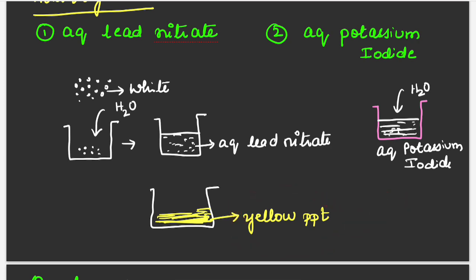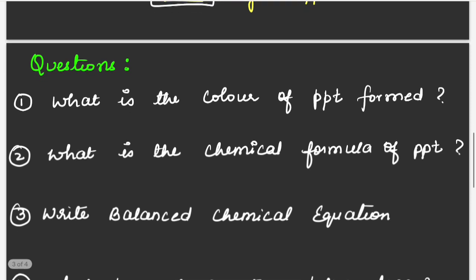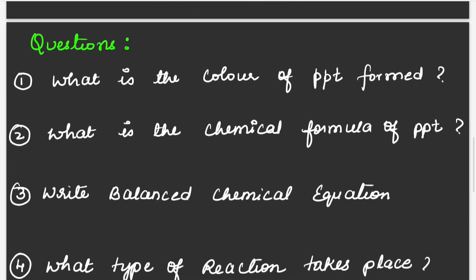Now, what are the types of questions which can be asked? First, what is the color of the precipitate formed? Precipitate means solid. The color of the precipitate is yellow, so you can write yellow precipitate. Next, what is the chemical formula of the precipitate formed?